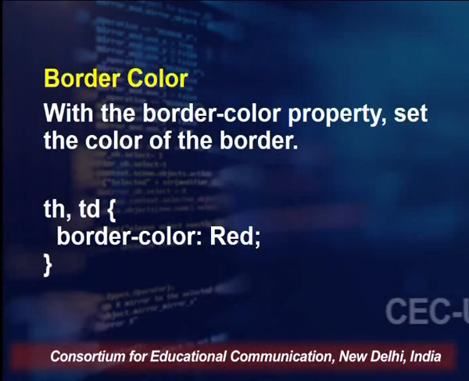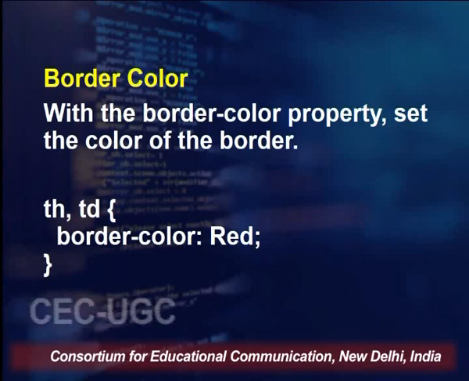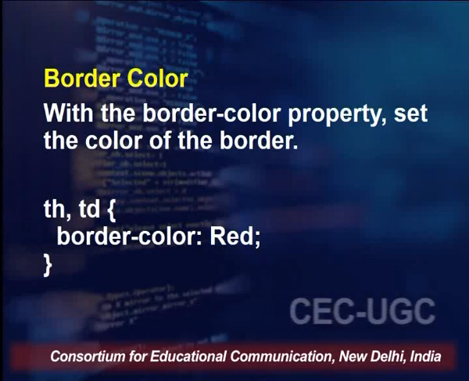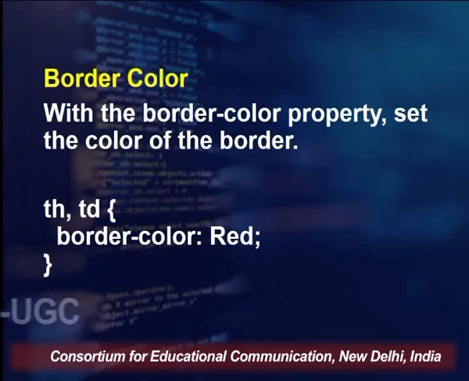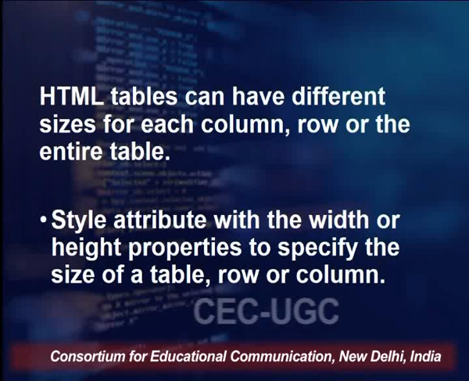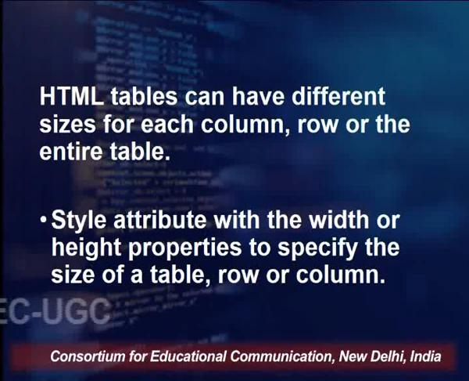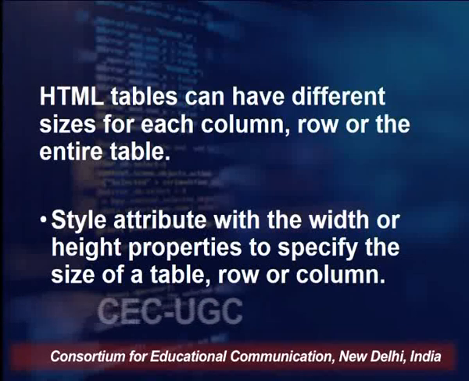So a very simple command to control the border color, and previously we have also covered the border styles. Now coming to the other attributes or elements of the table which we can cover. It is about the width of a particular column and the height of a particular row.